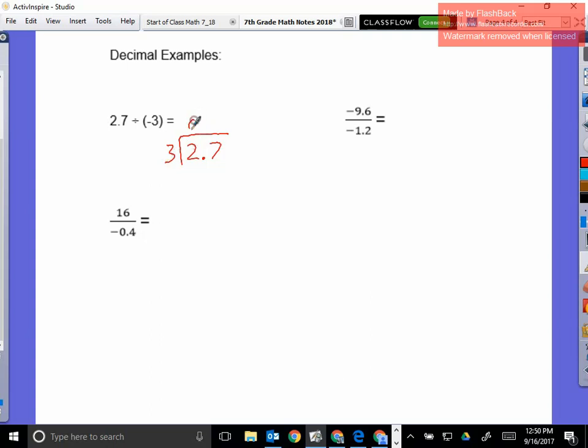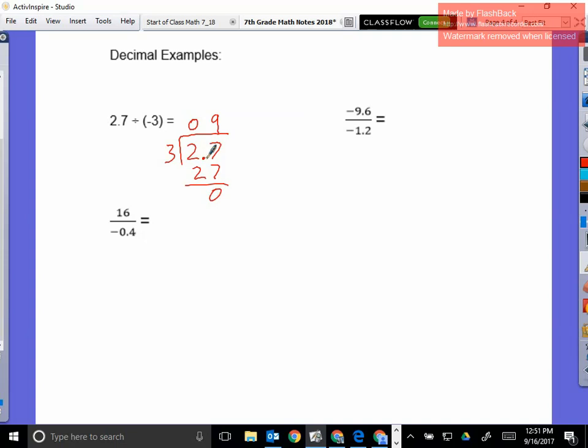3 goes into 2 0 times. All right, so now we got 3 going into 27. That's going to be 9 times. 3 times 9, 27. Take that away. And we got ourselves 0 as a remainder.